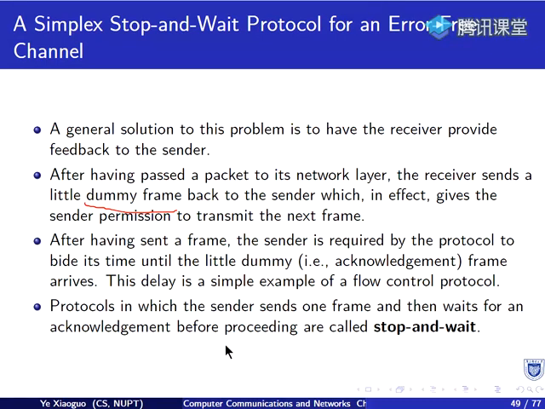For example, we will write this: machines A and B. A sends a frame to B, then A stops and waits for an acknowledgement from B. Then B replies with permission to A. Then A transmits the next frame.